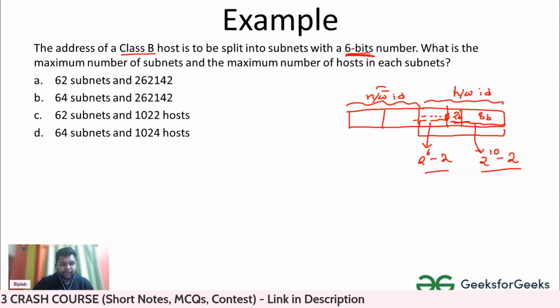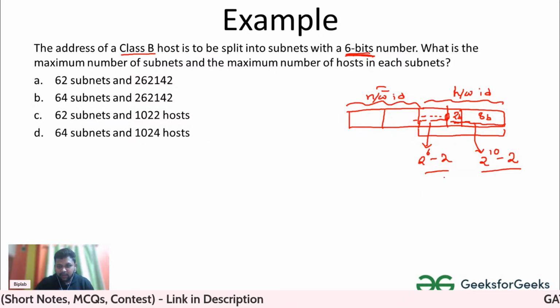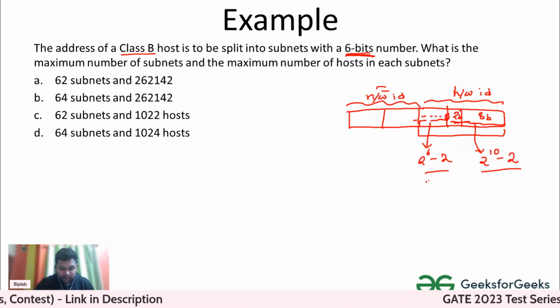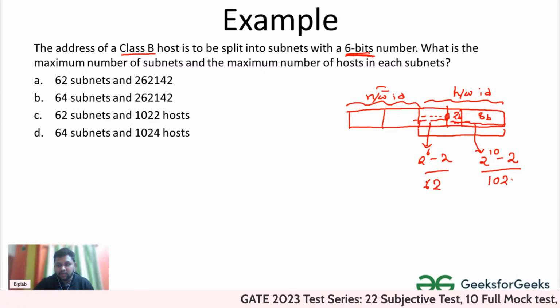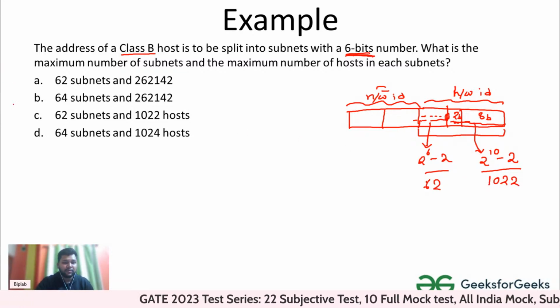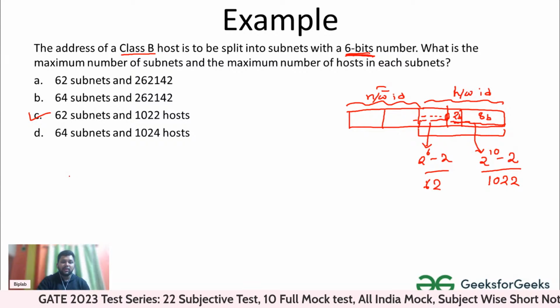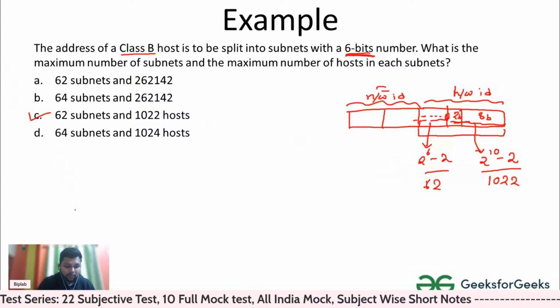So the number of subnets is 62 and the number of hosts is 1022.